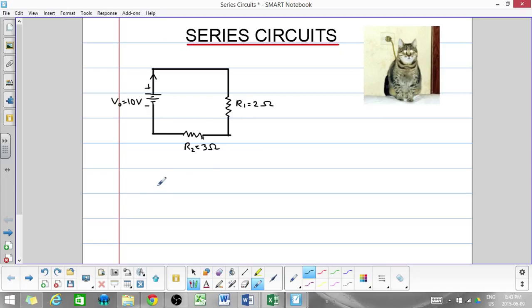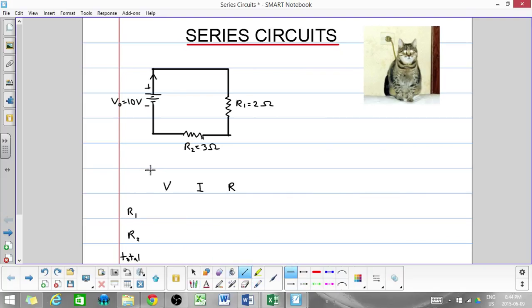All right, and our chart has columns for the potential difference, the current, and the resistance. And we want those values through R1 and R2, and also for the circuit as a whole. So we'll say total for the last one.